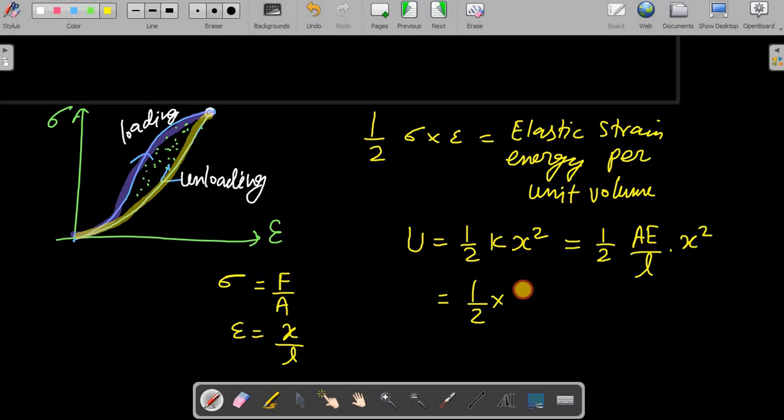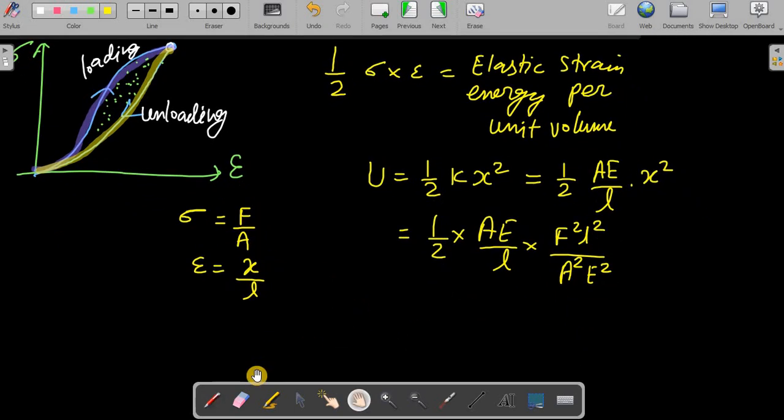X can also be written in terms of strain. Let's write the elongation formula, remember, this elongation X can be written as FL by AE, F square L square by A square E square, FL by AE, right?